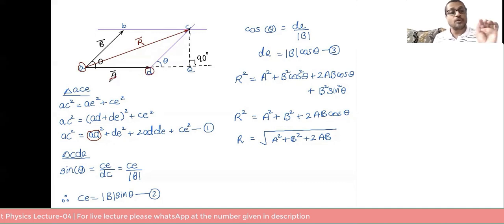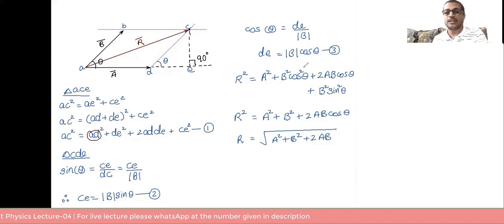But only the length, right? Okay. Therefore, instead of AD square, we have used A square. Similarly, DE square. What is DE equal to? We found out from equation 3 that DE can be written as B cos theta.